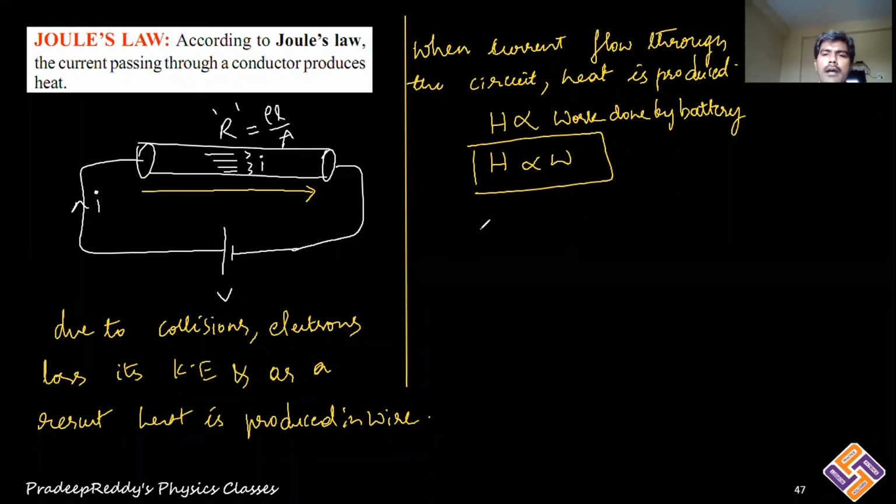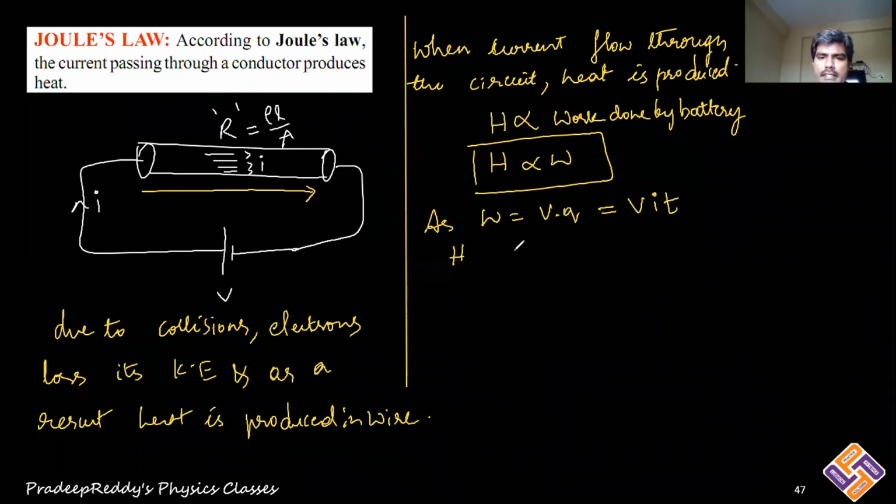Right? Now as we know, work done W is equal to V into Q, where V is the potential difference supplied by the battery and Q is the charge passing through. I can write Q is equal to IT, so simply it is VIT. Okay, now you can substitute that here.